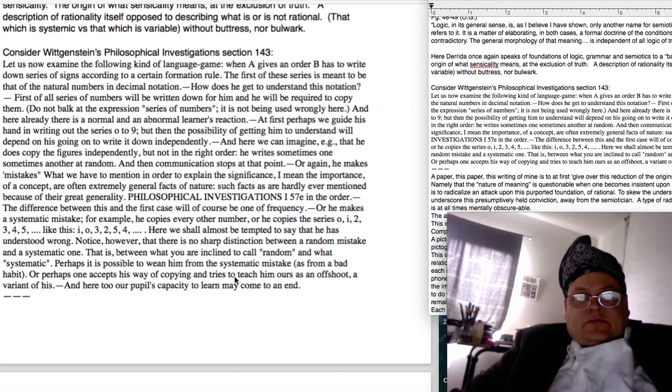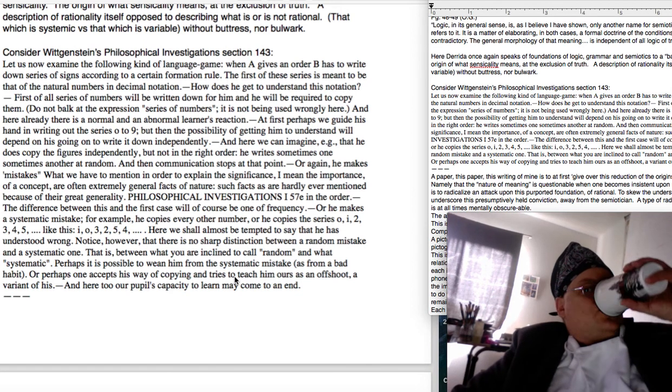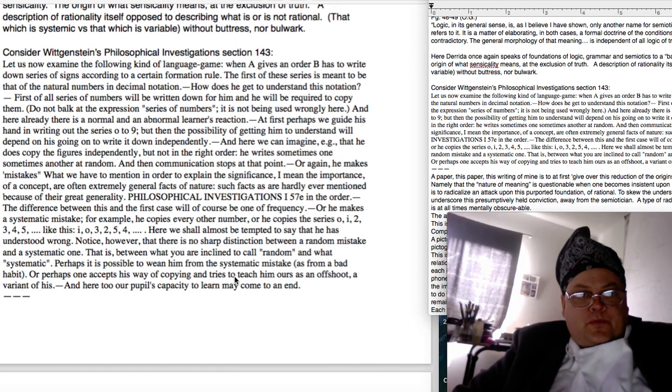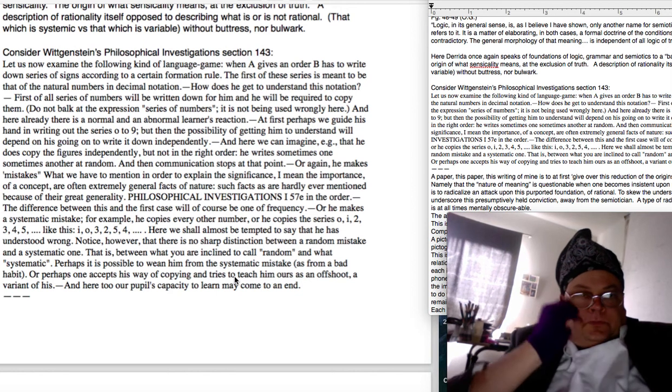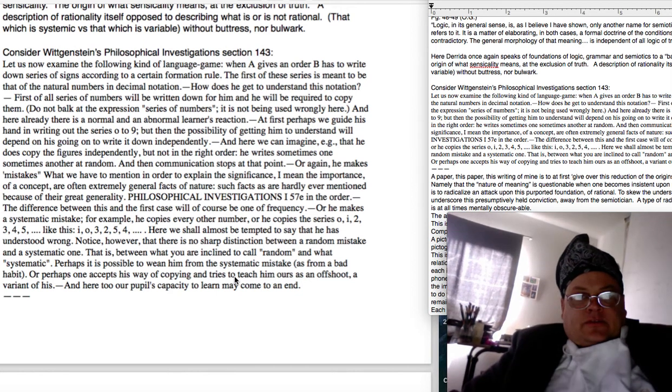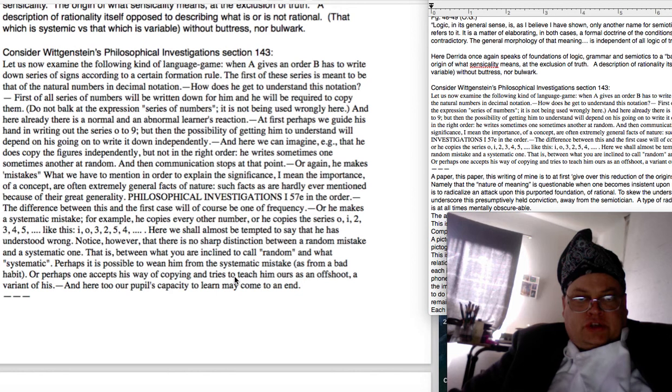Consider Wittgenstein's Philosophical Investigations, section 143. Let us now examine the following kind of language game. When A gives an order, B has to write down series of signs according to a certain formation rule. The first of these series is meant to be that of the natural numbers in decimal notation. How does he get to understand this notation?